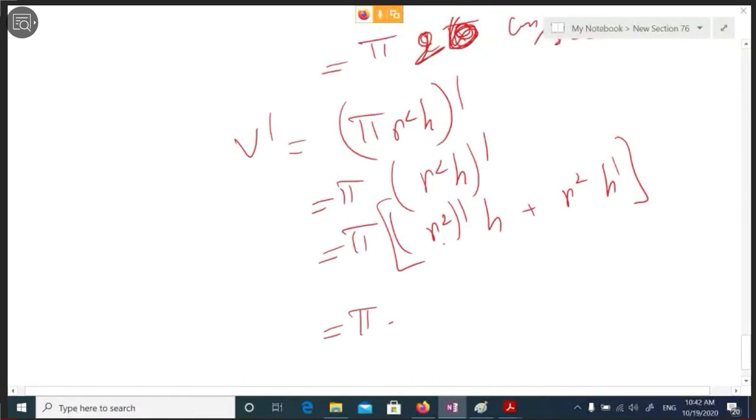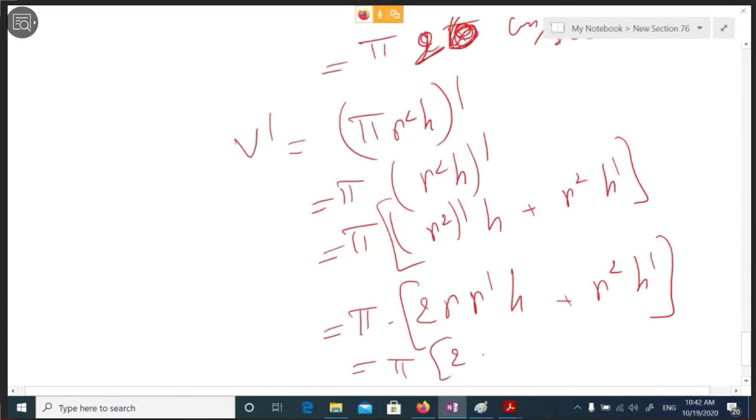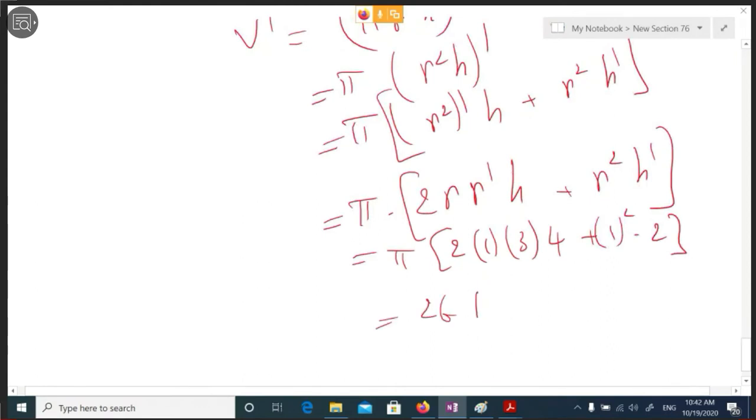It is 2r r prime times h plus r squared times h prime. So like this, and then you replace. Here 2 times 1 times 3 times 4 plus 1 squared times 2. And then it will give you 26 pi. And the unit is centimeter cubed per second.